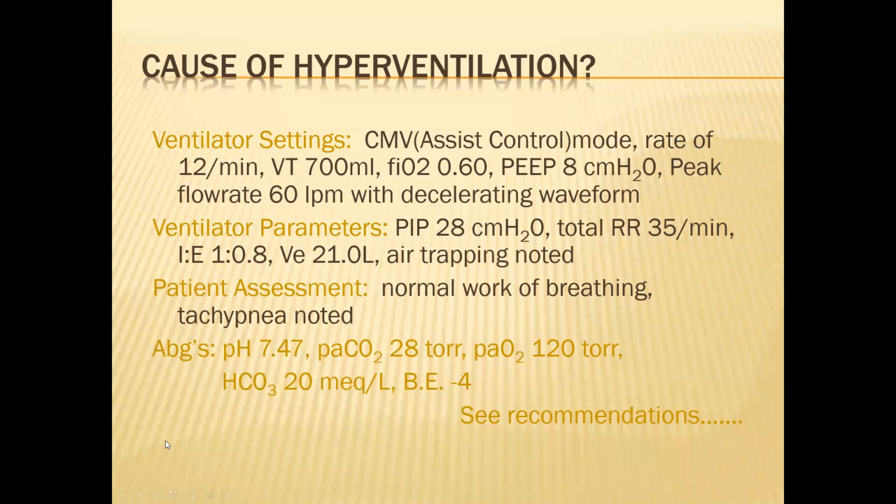I need you to understand that before I go on. Does that make sense? When you're in full support and somebody's breathing 35 times a minute, it makes no difference if you change the set rate from 12 to 15 or 12 to 18. They're still breathing 35 times a minute. They're not getting down to that number.